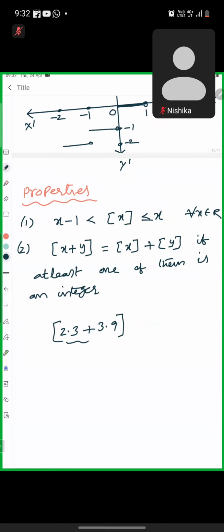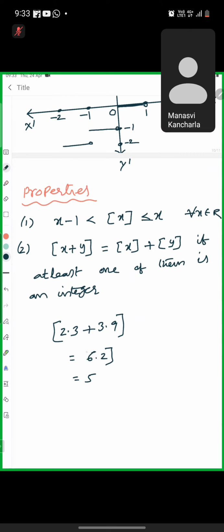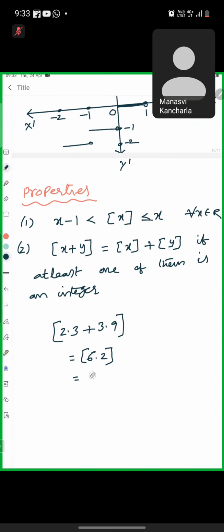It is 6.2. What is the integral part of 6.2? 6.